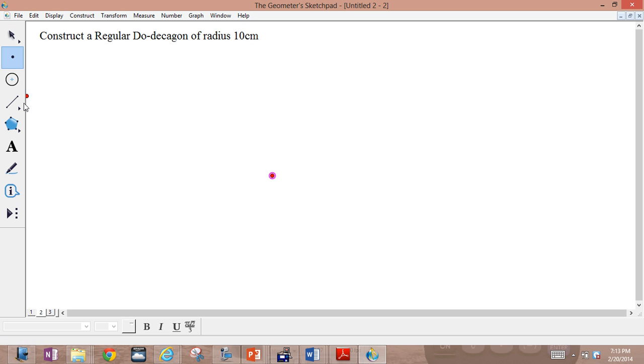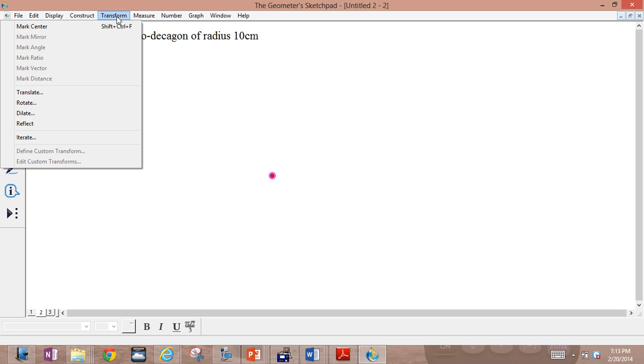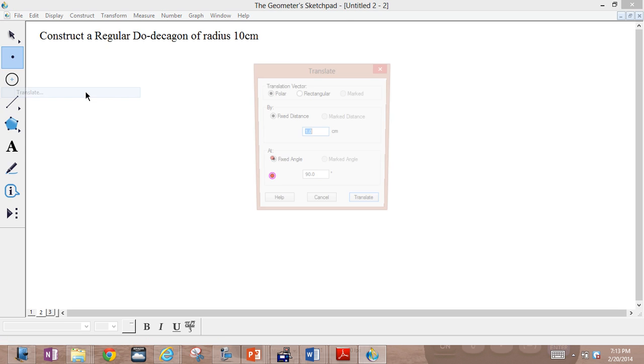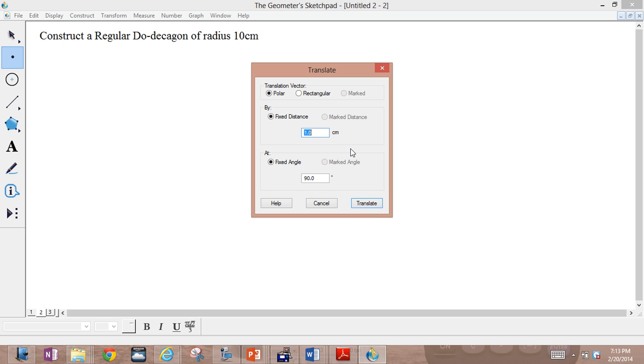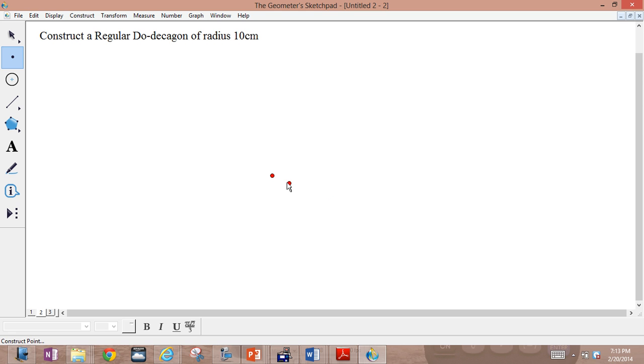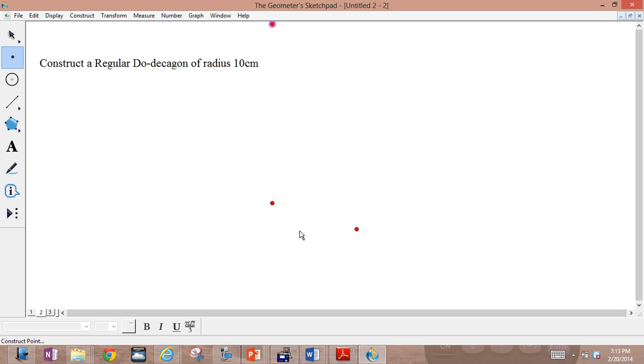So I'm going to transform, translate by a fixed amount of exactly 10 units. I've translated that. Where did it end up going? Here it is up here. So that's my translation of 10 units. I'm going to have to move that down a little bit. That's my radius.